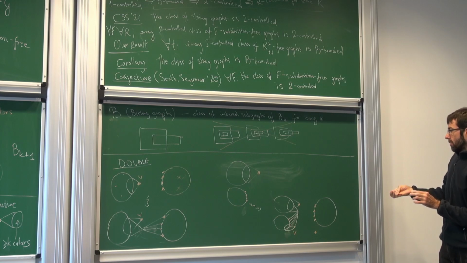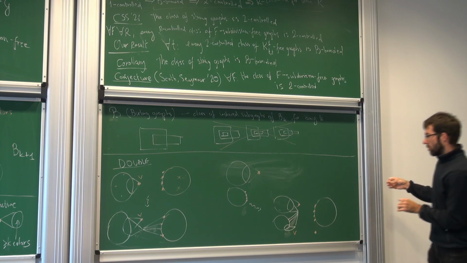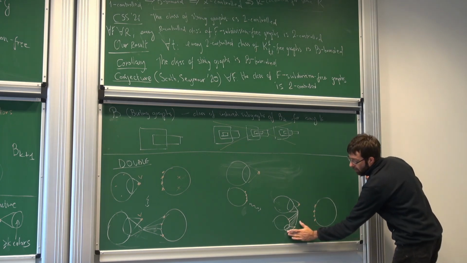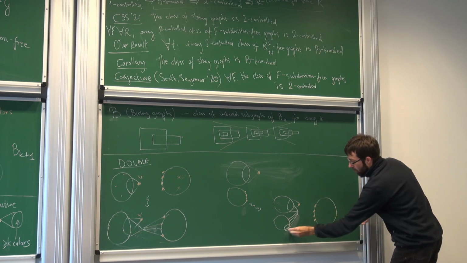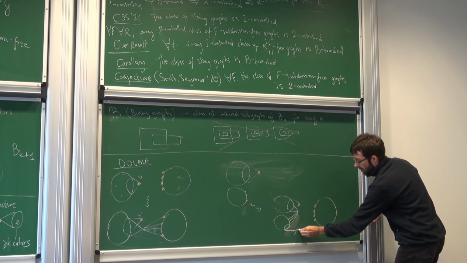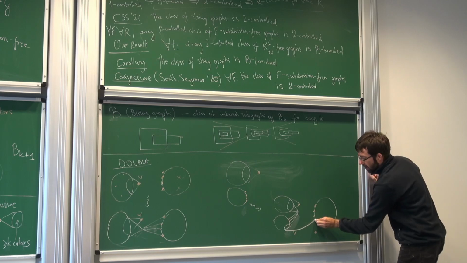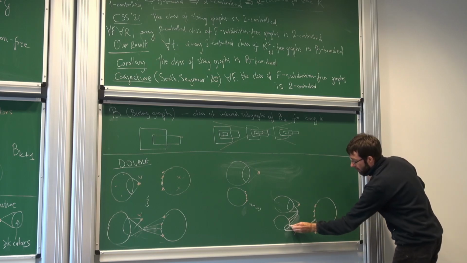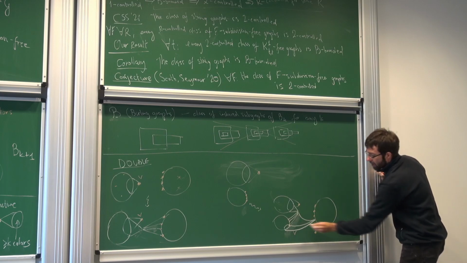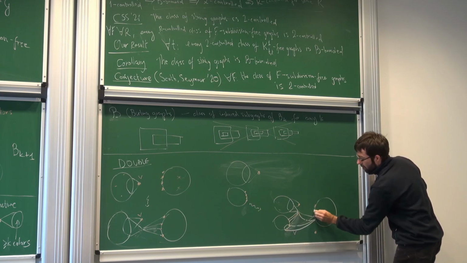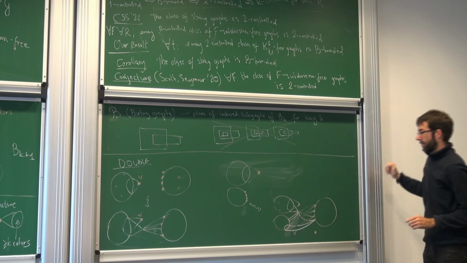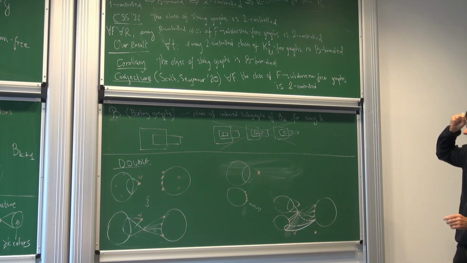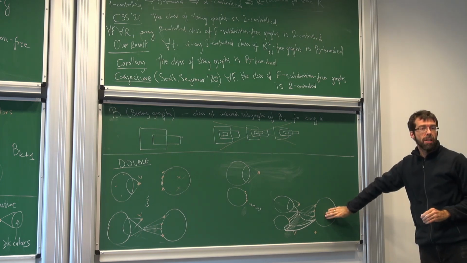So the substitution operation which we want to do is we want to forget about this v, and whatever this v was connected to, I want to connect with all these vertices. So this is the result which we want to obtain.